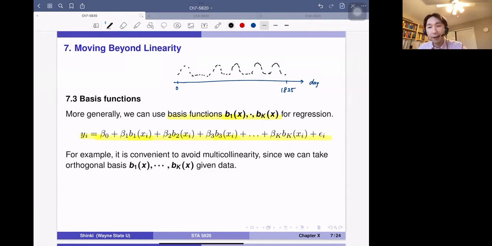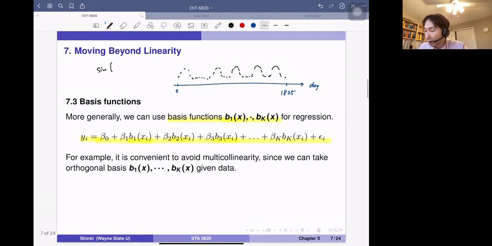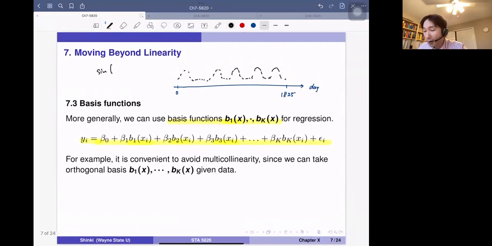Then maybe you decide to fit the sine, okay, so the period is 365. So sine of 2 pi t divided by 365. Then this has the period of 365. Then maybe you also take the cosine of 2 pi t over 365.